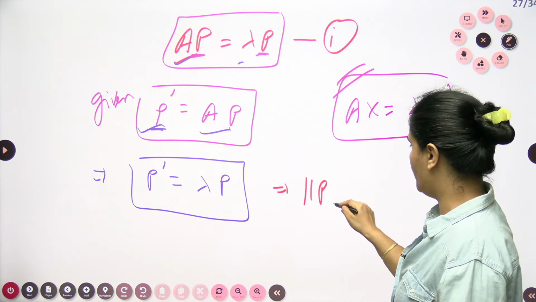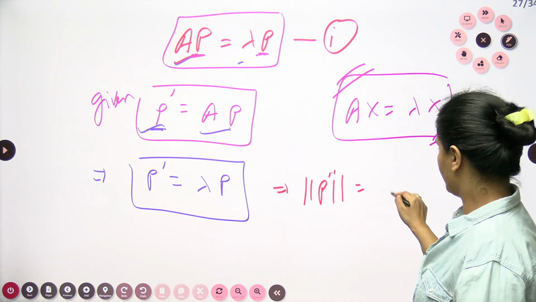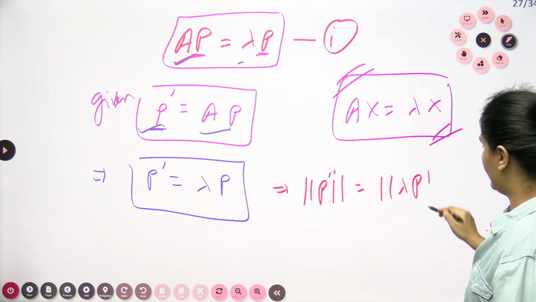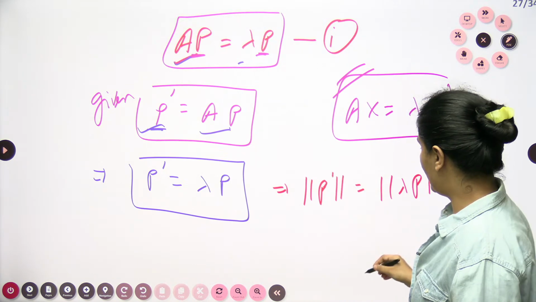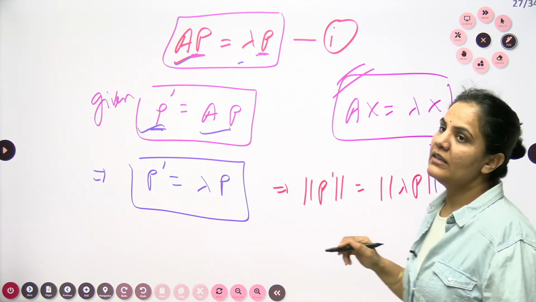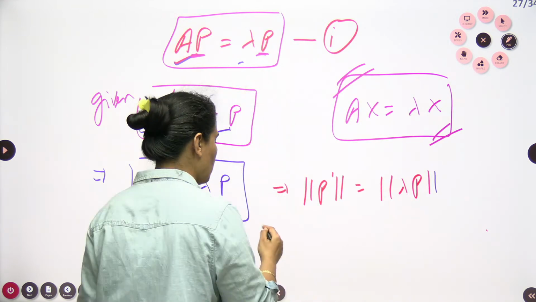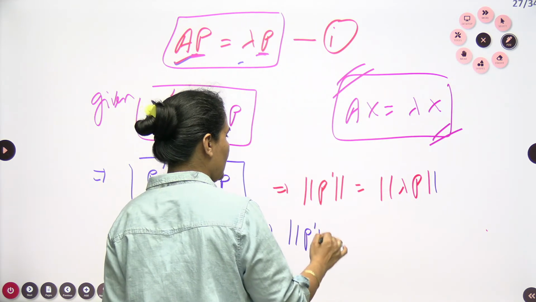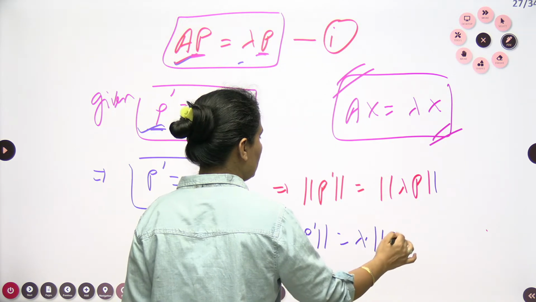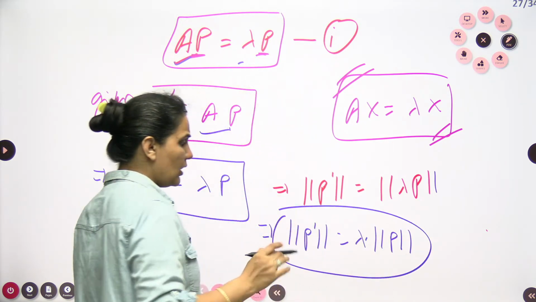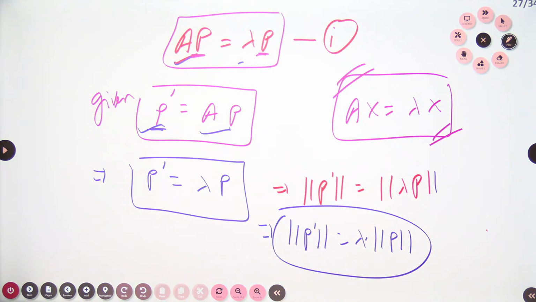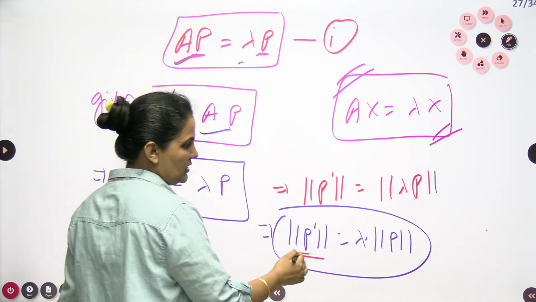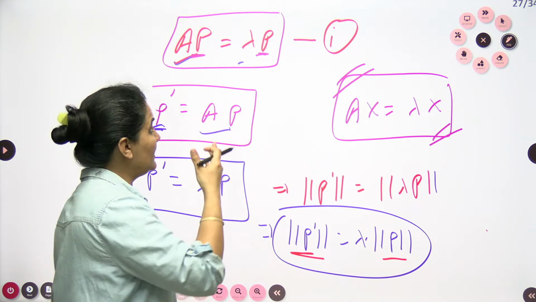So for the norm or the length of P dash, let's take the magnitude on both sides. The magnitude of P dash is equal to the magnitude of lambda into P. If I take lambda outside, the magnitude of P dash is equal to lambda into the magnitude of P. Now look at what the question is asking; this is giving you the clear indication that the direction of this vector is the same.